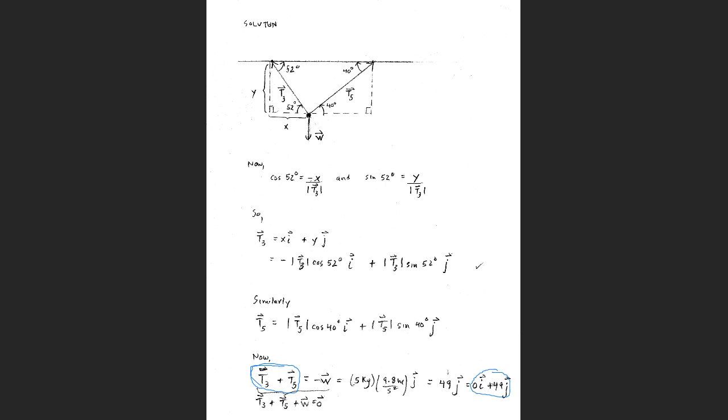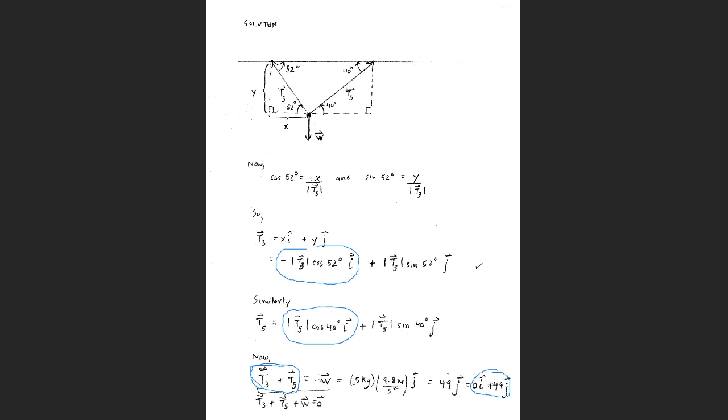So that means that for T3 and T5, the sum of your I components has to equal 0I.